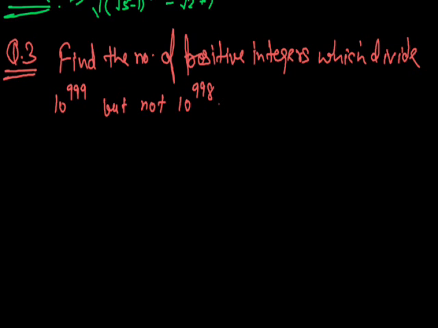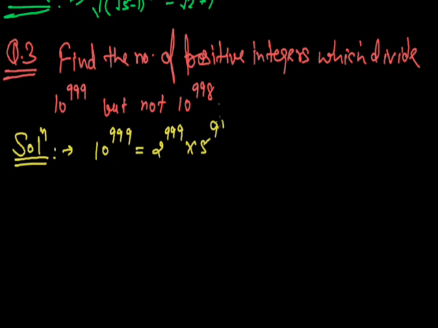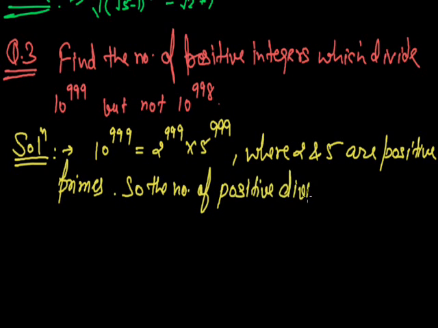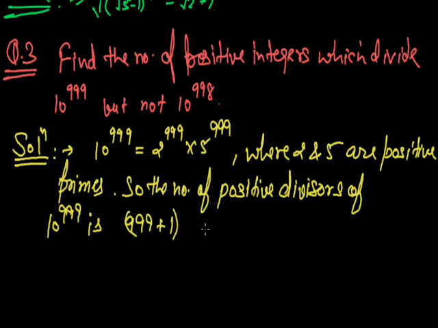To solve the given question, as we know, 10 raised to power 999 may be given as 2 raised to power 999 times 5 raised to power 999, where 2 and 5 are positive primes. So the number of positive divisors of 10 raised to power 999 is 999 plus 1, that is 1000.